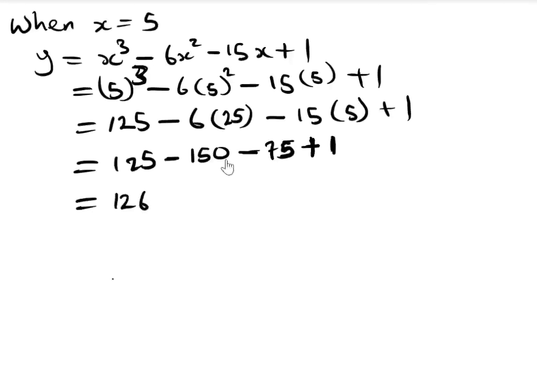Then minus 150 minus 75 would be minus 225. And this will be equal to 126 minus 225, which is minus 99. Therefore, when x is equal to 5, the value of y will be minus 99, and it can be written as (5, minus 99).